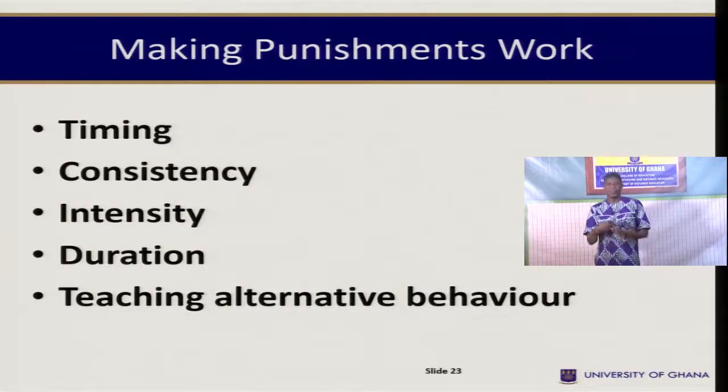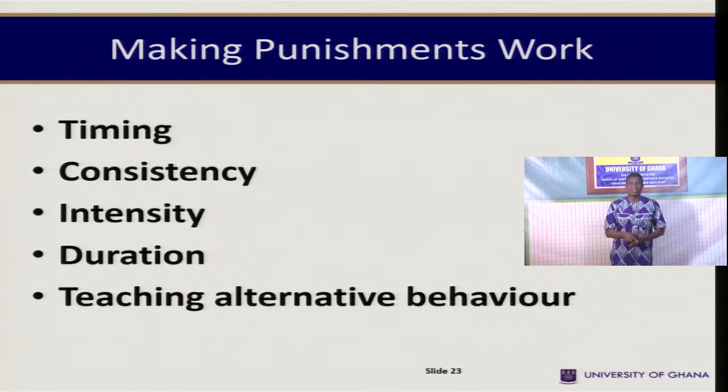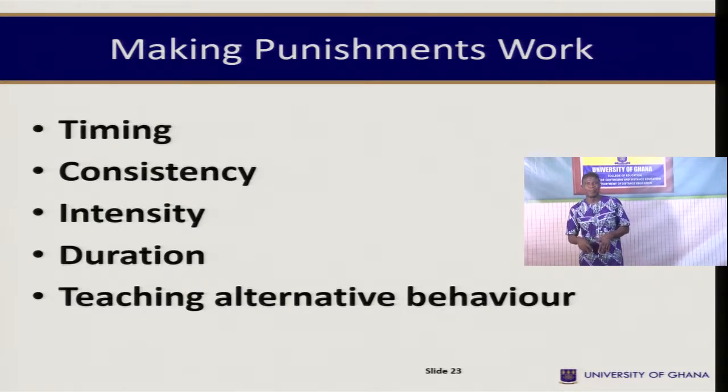If the behavior is not right and we want to correct that behavior and we are administering punishment, we should do so, and we should be consistent in all situations in the way that will get the person to associate the consequence with the behavior and then minimize the behavior. The intensity, the duration, all these are factors that make punishment work.